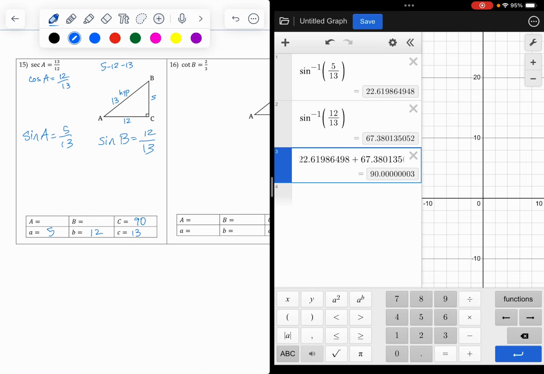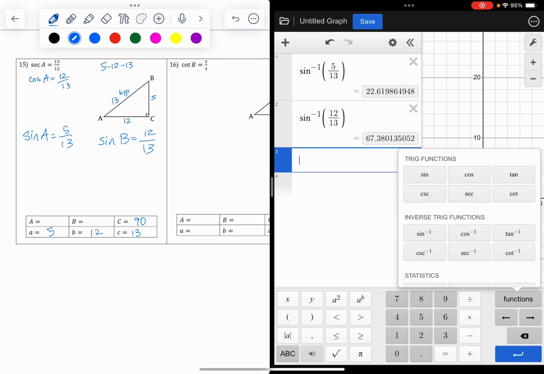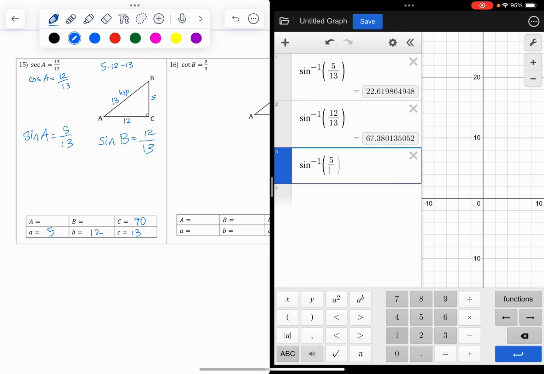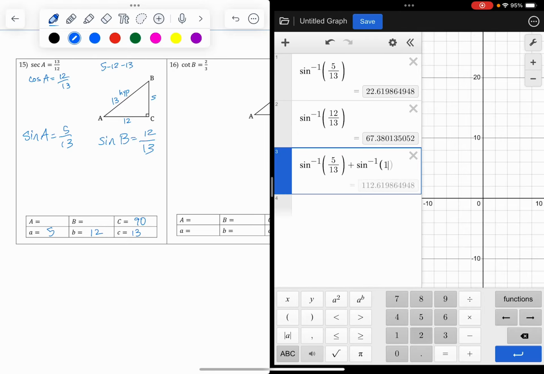If I actually took those two exact values, inverse sine of 5 over 13 plus inverse sine of 12 over 13, it's going to equal exactly 90. Very cool. So this one, A, was about 22.620, and then the other one becomes about 67.380.